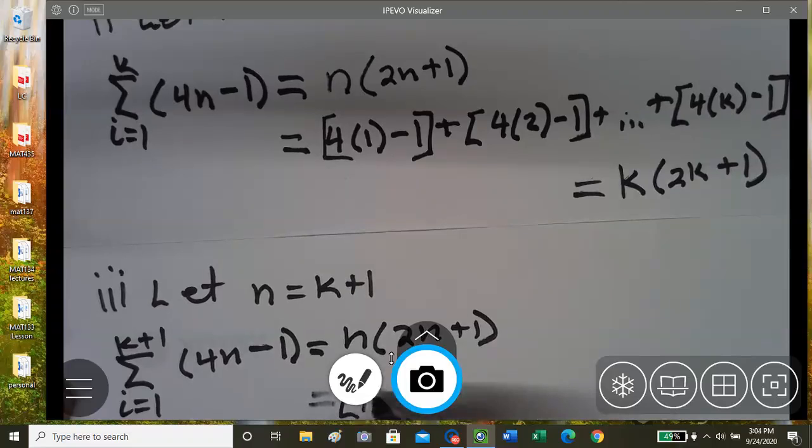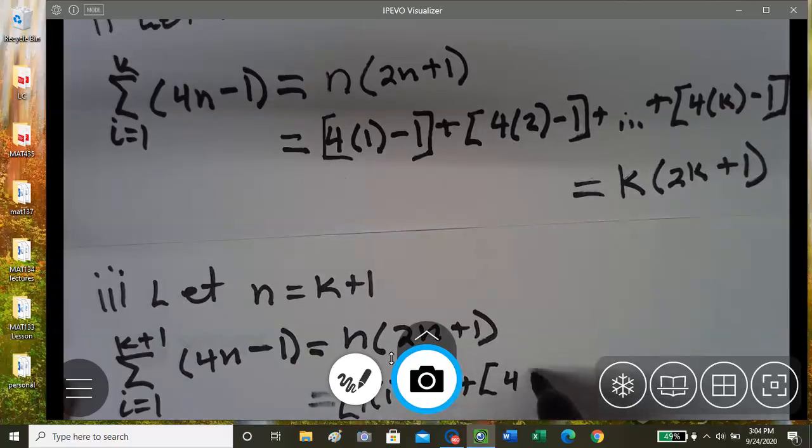4 times 1 minus 1 plus 4 times 2 minus 1 plus dot dot dot plus 4 times k minus 1 plus, now we have to do 4 times k plus 1, because that was k.